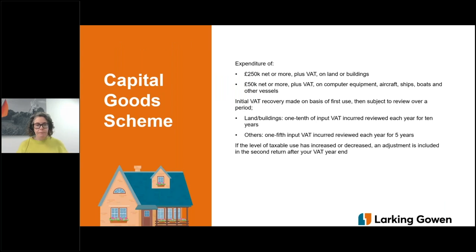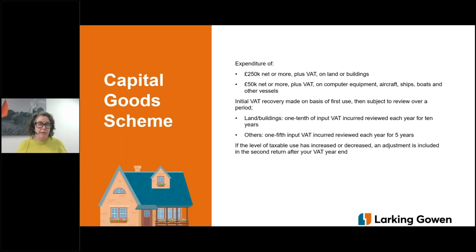Okay, so moving on to the capital goods scheme, which is the big brother of partial exemption. This kicks in where you have got expenditure of £250,000 net of VAT or more, plus, and you've incurred VAT on it, on land or buildings, or £50,000 net plus VAT on computer equipment, aircraft, ships, boats, and other vessels.